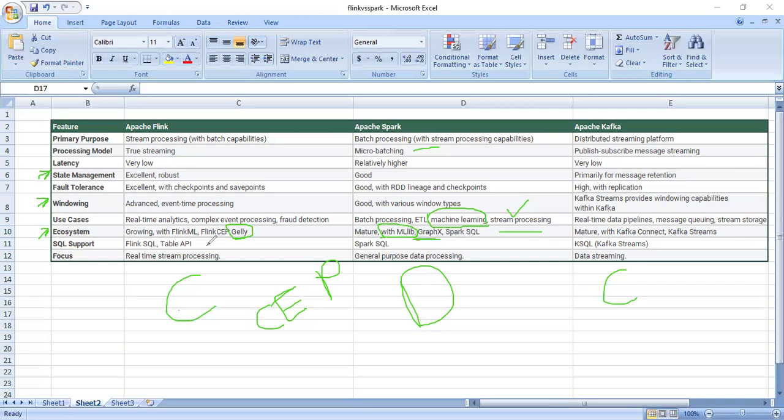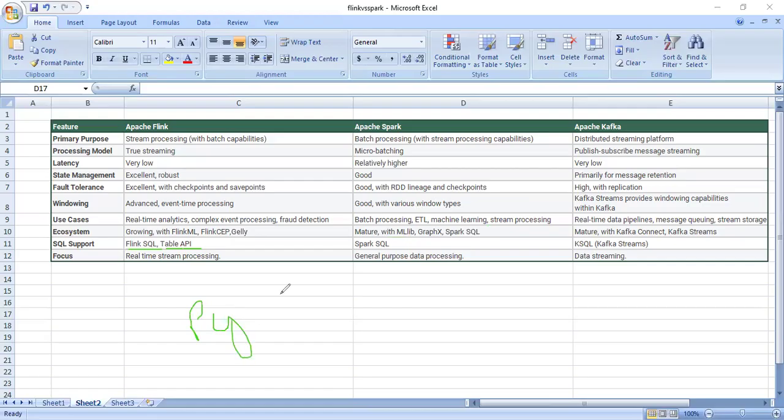Fine. Looking at the languages that one should be using to work with Flink and Spark, you can work with Flink using SQL, that is through Flink SQL, or using the Table API. Either Python, Java, or Scala can be used.